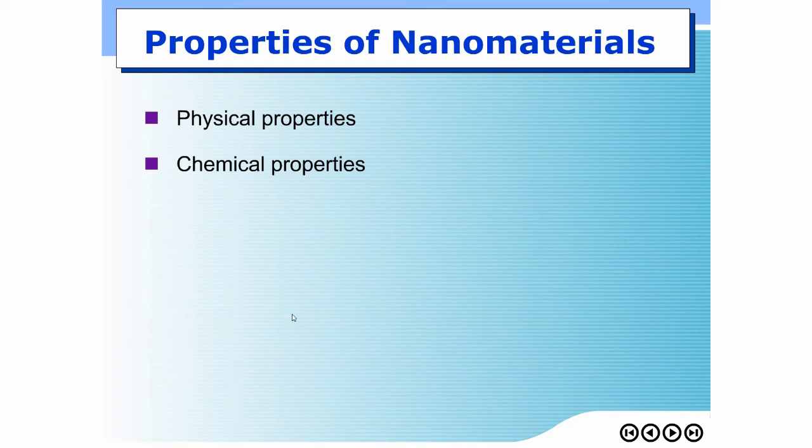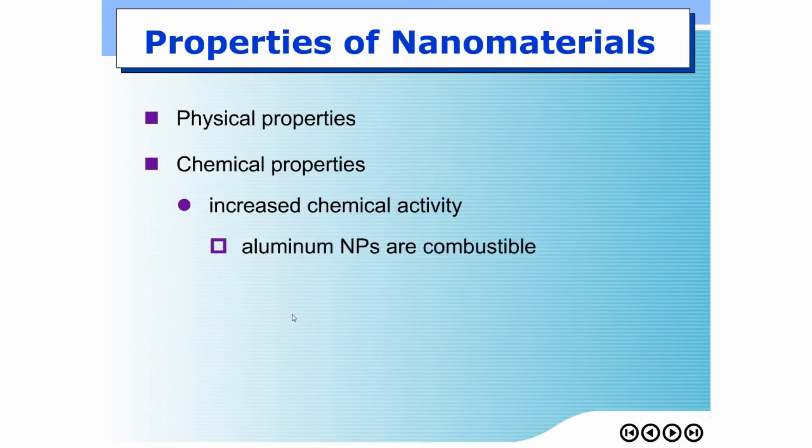For chemical properties, if the physical properties depend on the size, chemical properties will depend on the size as well. For instance, mostly all particles, if the size becomes nano size, become very active. And we will learn in lecture 2 why. They're active just like aluminum, which is considered a very inert metal.